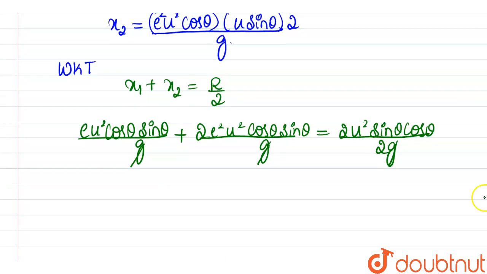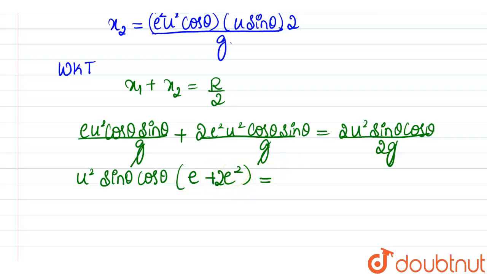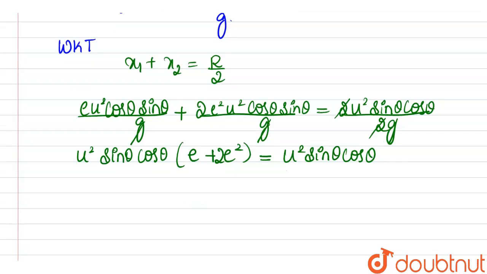g can be cancelled out, so I can take sin theta cos theta common. So sin theta cos theta into u squared, I am taking common, I am left with e plus 2e squared, equal to u squared sin theta cos theta. So u squared sin theta cos theta is eliminated.